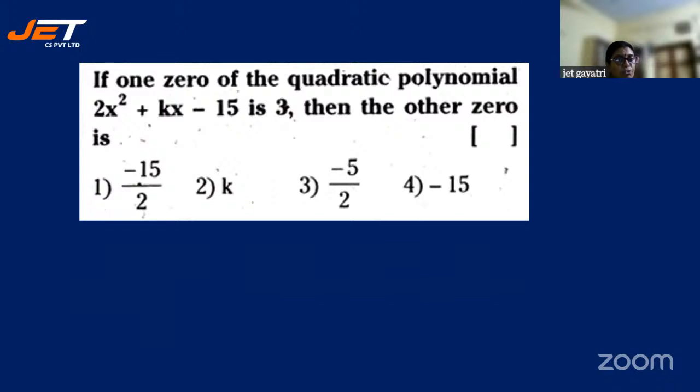If one zero of the quadratic polynomial 2x square plus kx minus 15 is 3, then the other zero is dash. Okay. What is the other zero? Let me see how many are going to give me this correct answer.